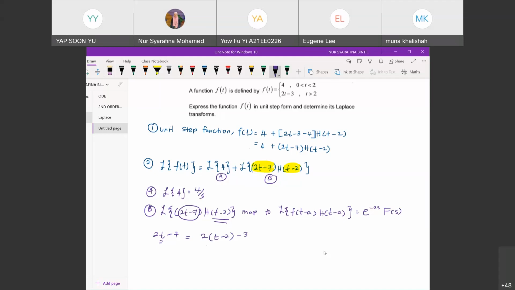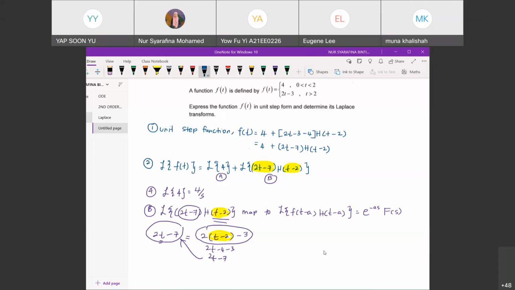If you expand, you have 2t minus 4 minus 3, which is 2t minus 7. Same, right? So we can convert 2t minus 7 to 2(t minus 2) minus 3, because we want to create this t minus 2 to make sure it is equal with h(t minus 2).